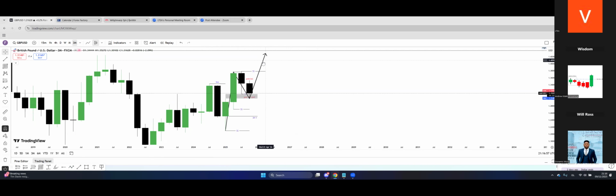Or price wants to go for lower liquidity, because the one we find here is not enough, and we will accumulate right here, then go for lower liquidity here or here. It's just a matter of choice. These are the two choices the market has right now: either go up or down.